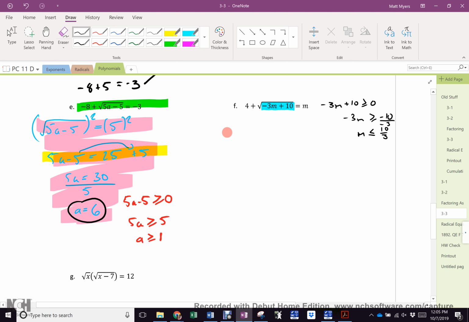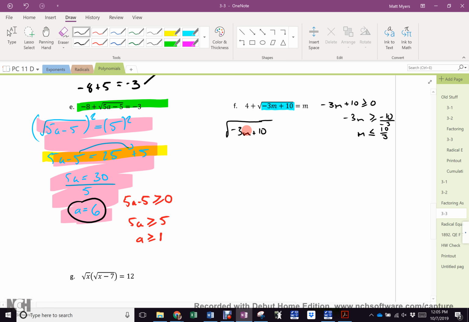What I have here, I have root negative 3m plus 10. Now, some of you will say, but Mr. Myers, there's a negative under the radical. What if m equaled negative 3? Then it would be a positive, right?